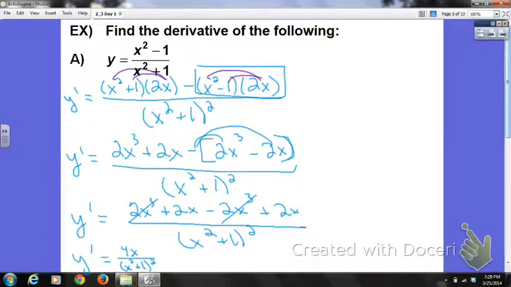That is our answer. You'll notice that I did not FOIL out my denominator because it wasn't going to get me anywhere anyway. Sometimes you'll be able to cancel with factors. However, again, like I said, it doesn't get us anywhere. Just clean up your numerator and see if you can do any algebra from there. So here's our answer.